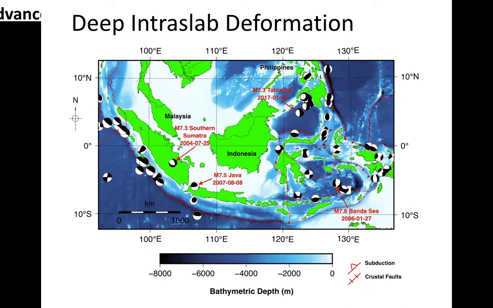So intermediate to deep seismicity can occur by a variety of mechanisms, and it depends on the properties of both the surrounding mantle and the subducting slab, such as temperature, strain rates, the rheology, and any inherited weakness, such as older fault zones or fractures in the slab.